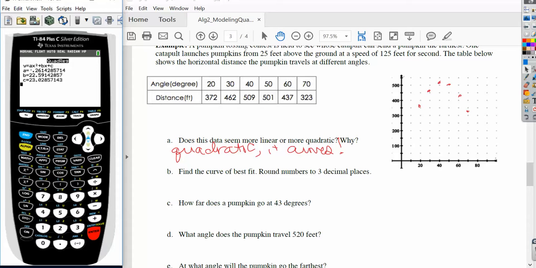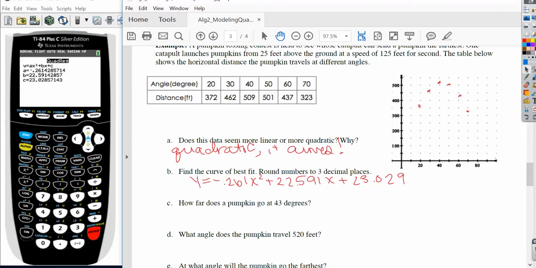Guys, notice it has the standard form of a parabola. So y equals a, which is negative 0.261x squared, plus b, which is 22.591x, plus c, which is 23.029.